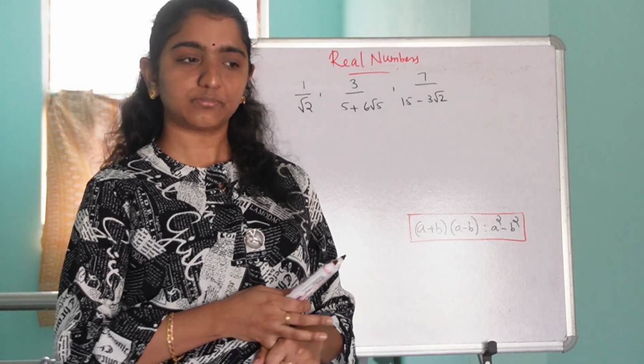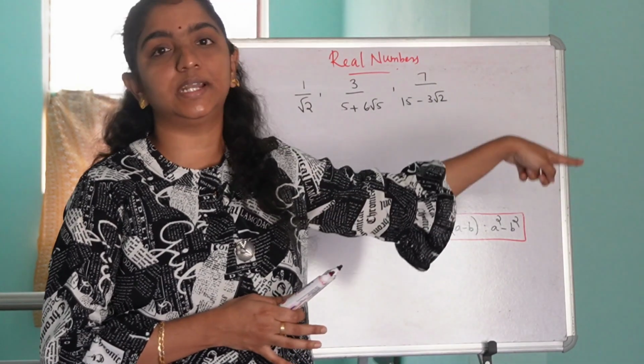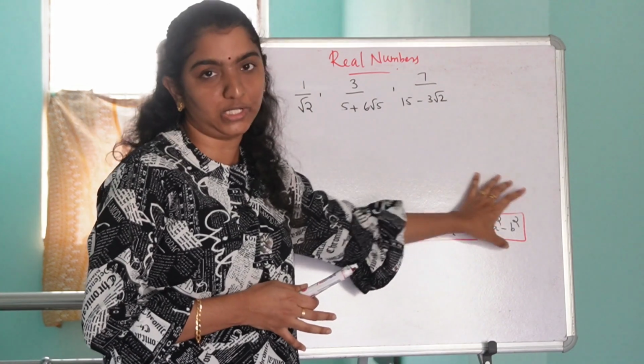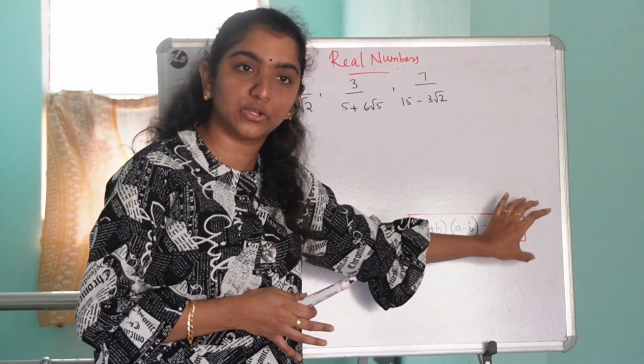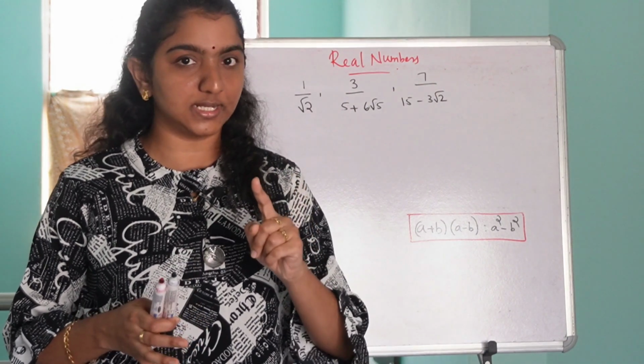But maybe not always can you rationalize the denominator. Is it clear? Yes. So we use this particular identity for rationalizing the denominator. Is it clear?